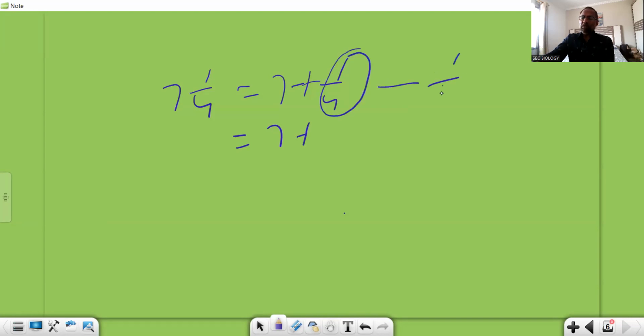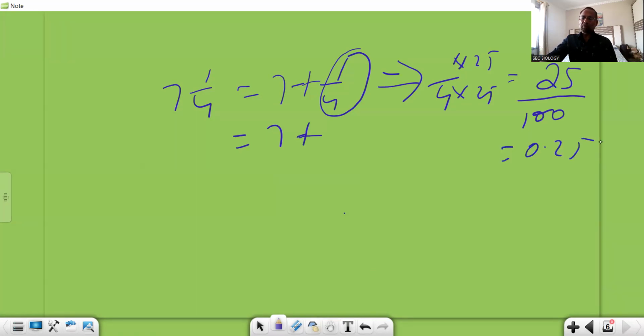Just now we studied 1 by 4 into 25 is 25 by 100. That is correct. 7 plus 25 by 100 means 0.25. The answer is 7.25.